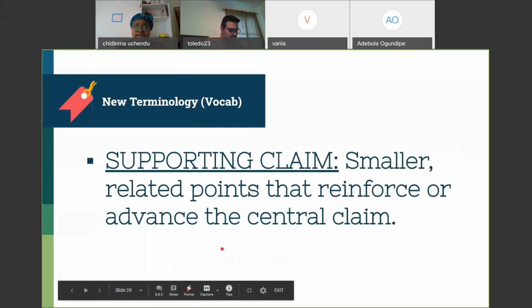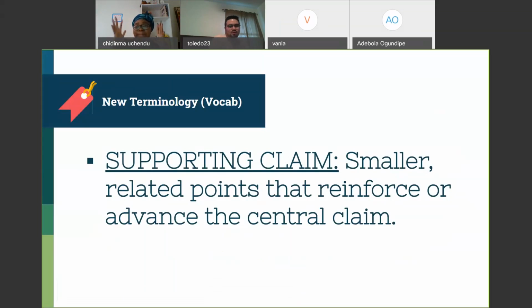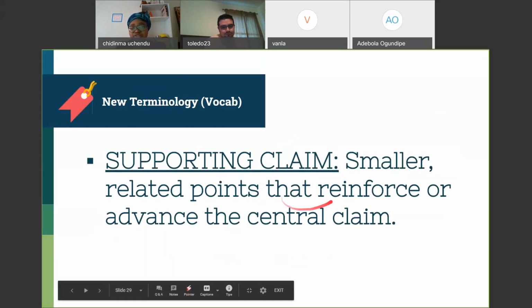A supporting claim is kind of like smaller points that the person makes to back up that main claim. You have a big idea, which is that claim, and sometimes you can have little smaller claims, which are other points that relate to that big idea. You don't see this a lot of times, so don't worry too much about it.